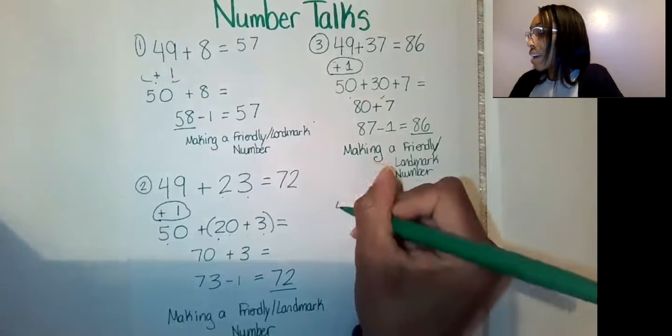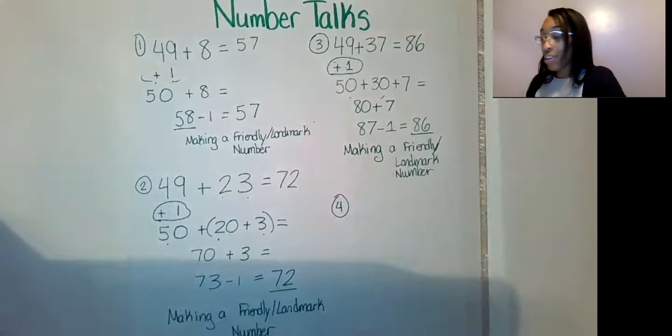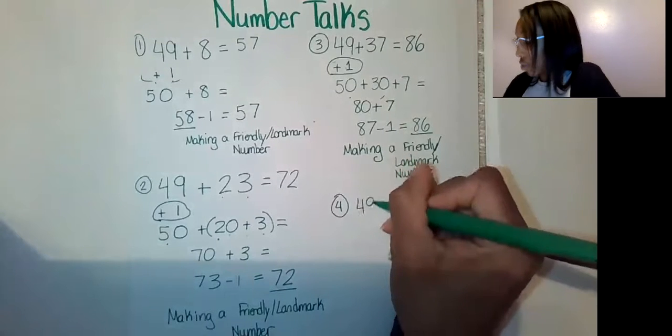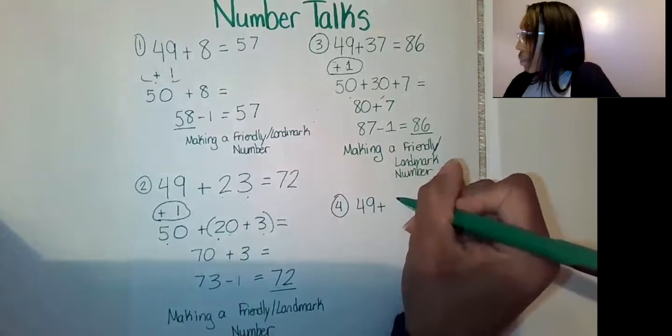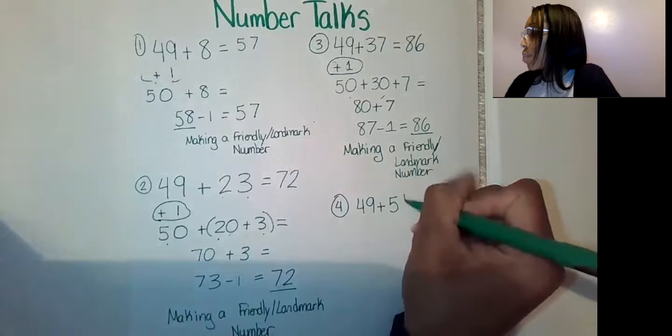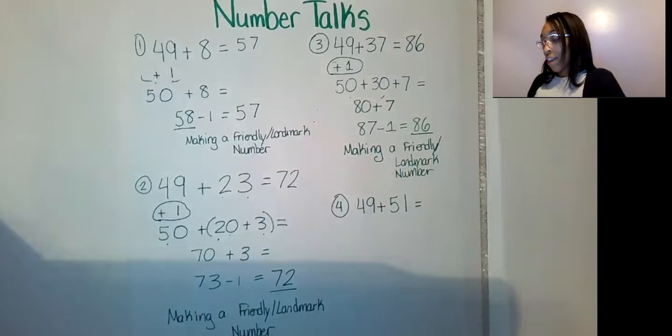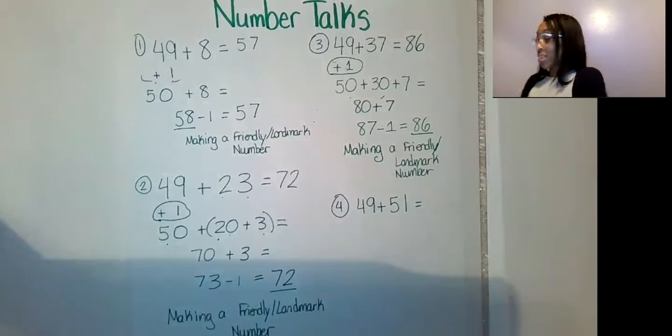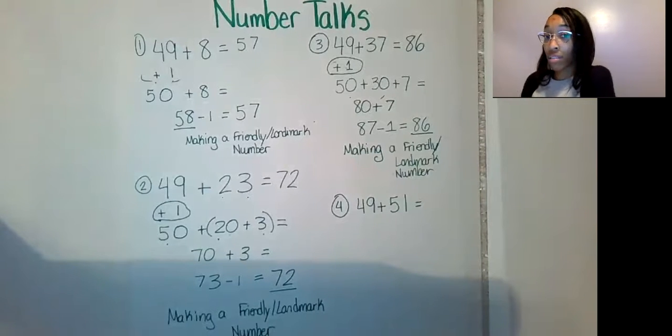All right, and here goes our last and final number sentence. 49 plus 51. All right, 49 plus 51. These are bigger numbers, but I like that strategy.